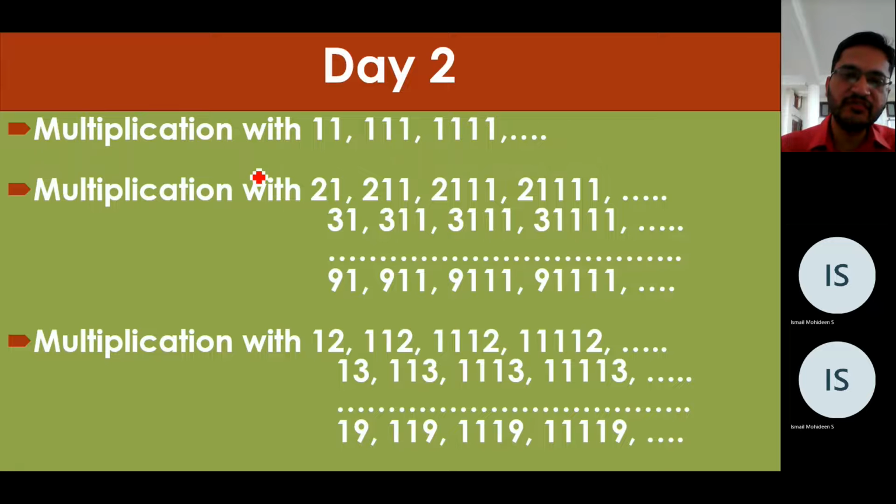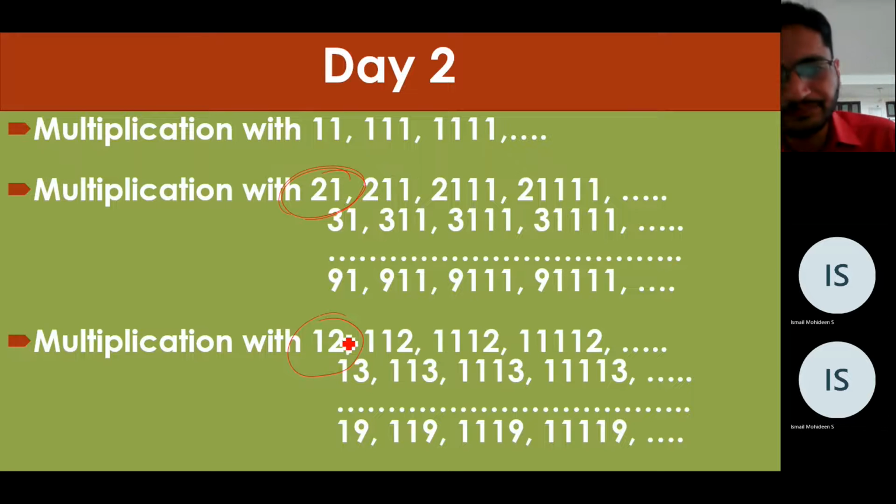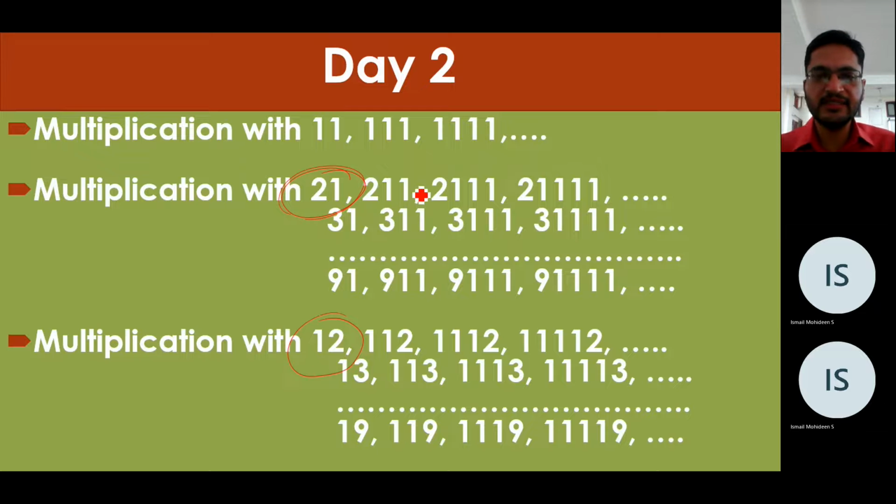Now, what is the difference between these two? Here it is 21 and here it is 12. This number 21 ends with 1, and in 12 the starting digit is 1, followed by 2. Similarly, in this number the starting digit is 2 and the rest of the digits are 1, and in this number it starts with 1, the unit digit is 2, and the rest are 1.